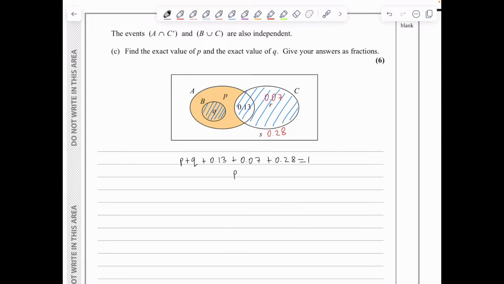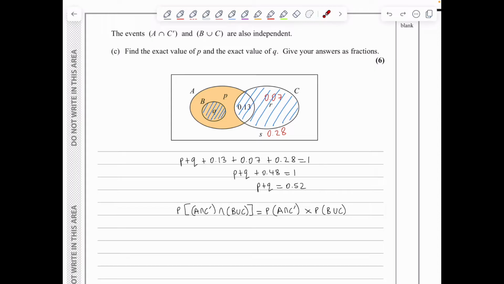This takes me to P plus Q plus 0.48 is equal to 1, and we therefore conclude that P plus Q is 0.52. I will then use the fact that A intersection C dash and B union C are independent, which means that the probability of their intersection is simply the product of the individual probabilities.